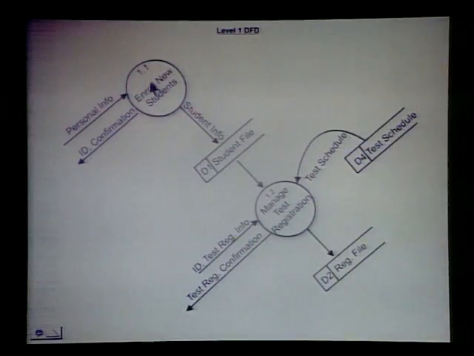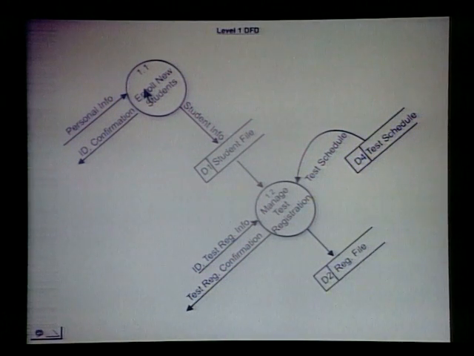The next step is to take each process at level 0 and expand it or create its child diagrams giving more details about that process. This becomes the process of creating level 1 DFD from the level 0 DFD. Here we have level 1 DFD for student registration process.